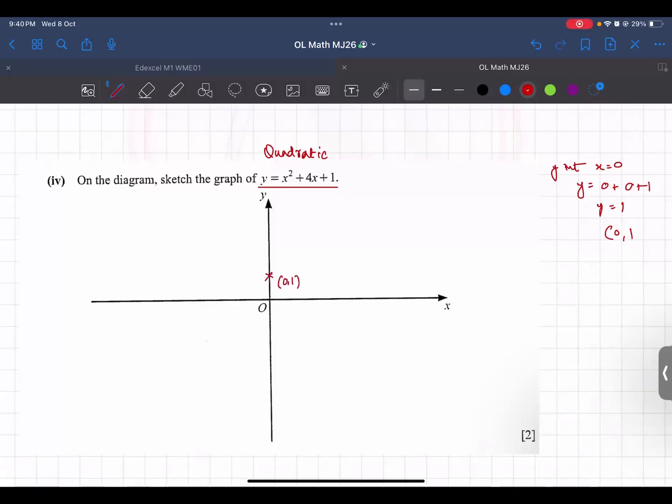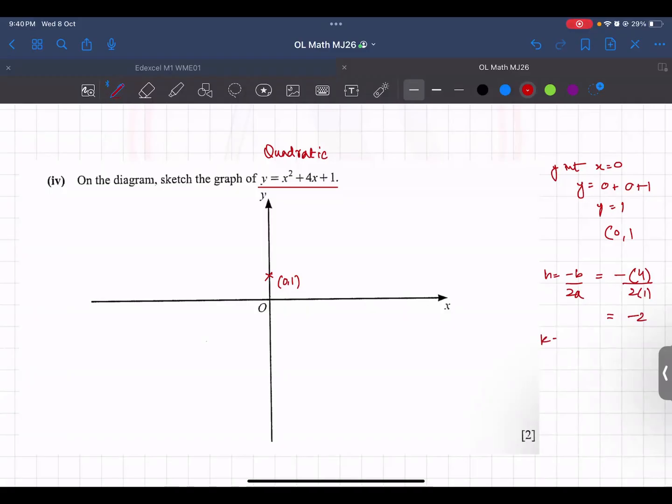But before everything, before finding the x-intercept or the y-intercept, we have to find the turning point. Whenever it is quadratic, find the turning point, which is h, k. You convert it into completing the square form. So h is minus b upon 2a, which in this case is -4 upon 2 times 1, which is -2.